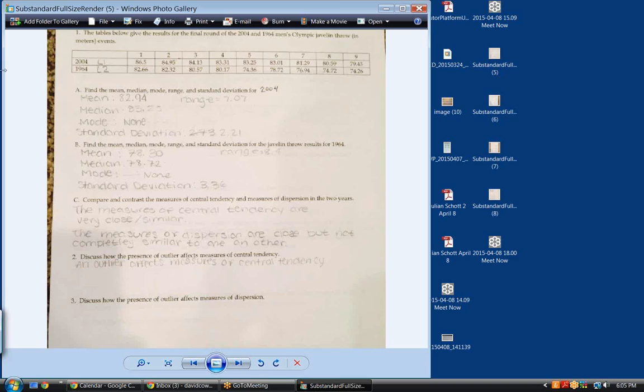If I put 10 in this list, the mode's still going to be pretty much the same. It won't change as much as the mean changes. The mean would change significantly if I put an outlier in there. And it would change the median, right? Yeah, that's what I meant, the median.